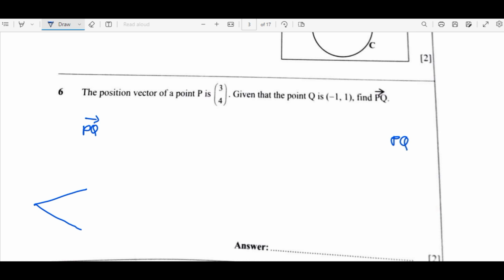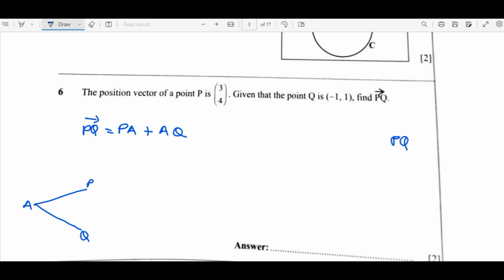If there is A here, it is the point joining P and Q. So we say P here and Q there, meaning that we would say PA plus AQ.